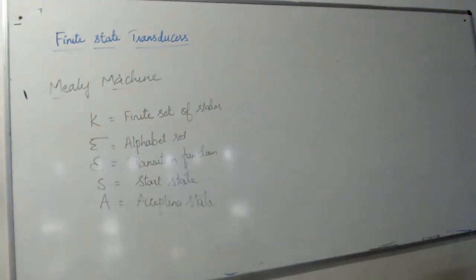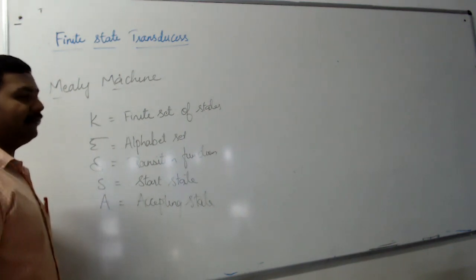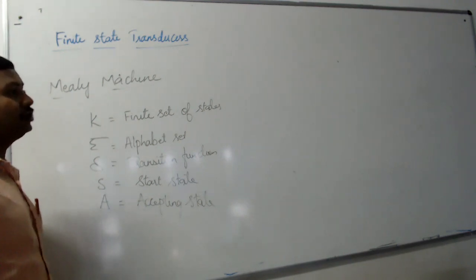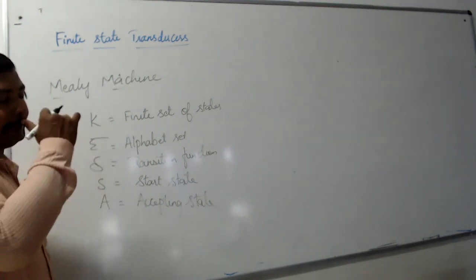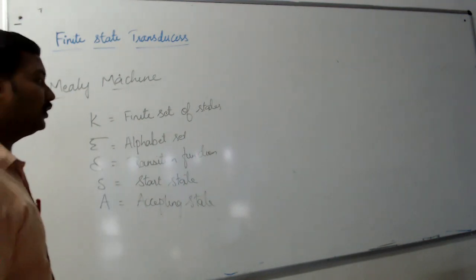Next is accepting state. So all these things are the attributes to define your DFA. So your Mealy machine also defines the same attributes. Along with this additional we got two more attributes. So Mealy machine is associated with the output.